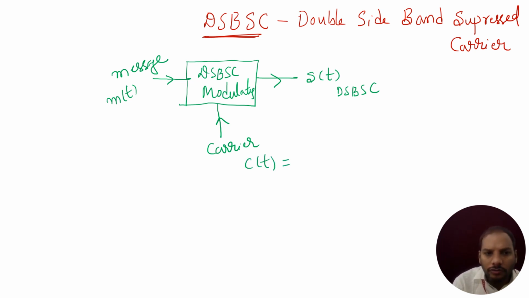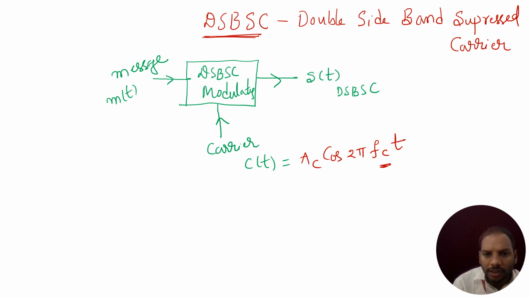Okay, now we'll develop the mathematical equations for the message signal. First of all, let us consider M of t as an arbitrary case, but the carrier we'll consider as a single tone high frequency carrier, Ac cos 2 pi fc t. It's a very high frequency, fc is the high frequency.